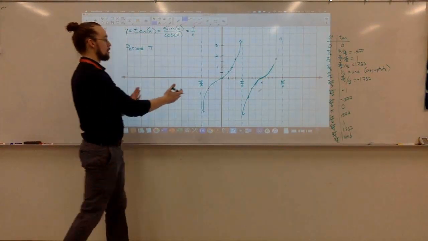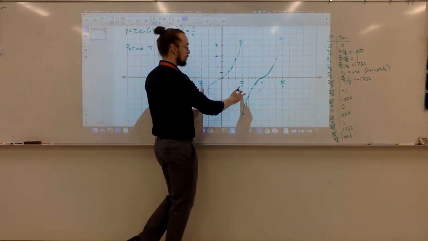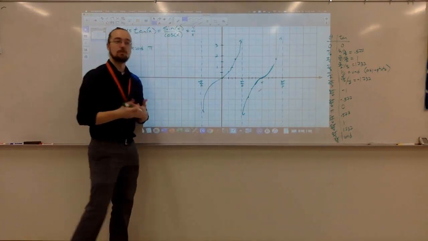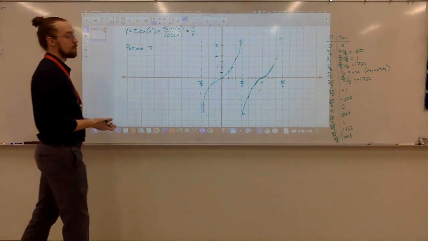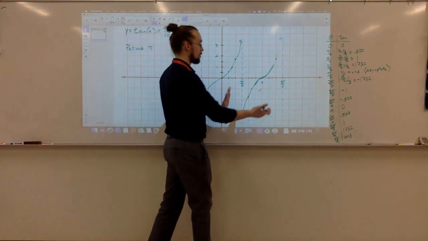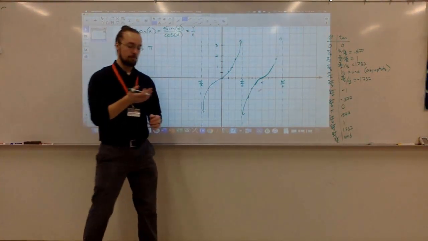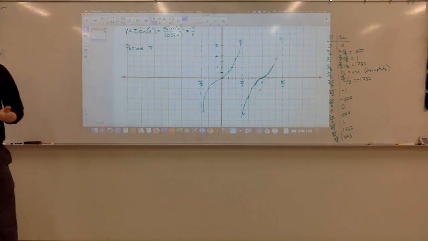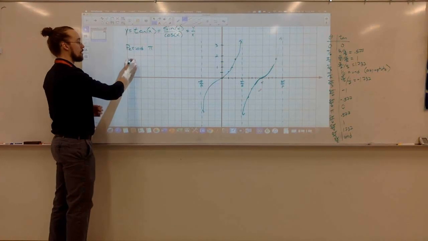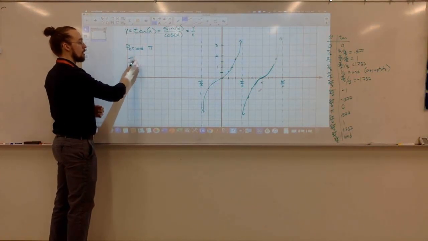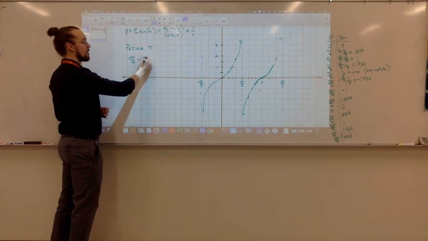So usually we look at this period and shift this however we're going to shift it. Now, if the question just says graph one period, it wouldn't be wrong if you used the period from pi over 2 to 3 pi over 2 to shift, but the normal one period that we look at is the one that goes from negative pi over 2 to positive pi over 2.